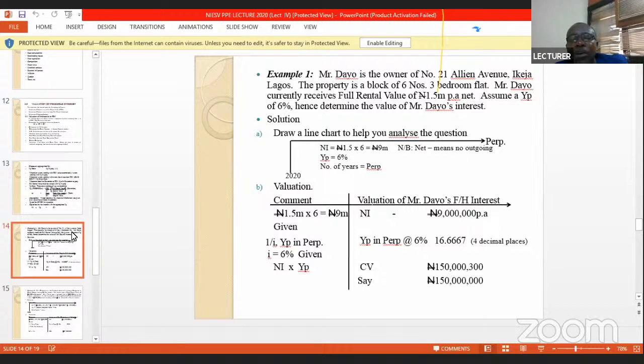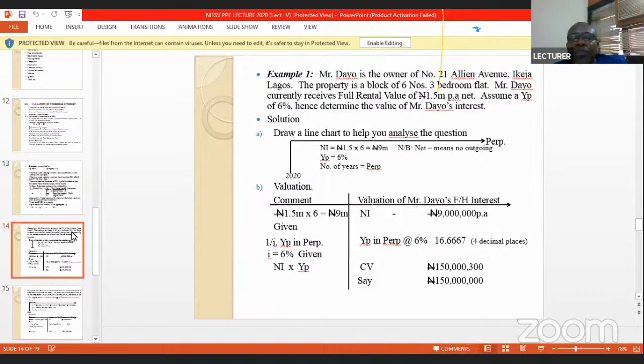Mr. Dayo currently receives full rental value of 1.5 million naira per flat per annum net.